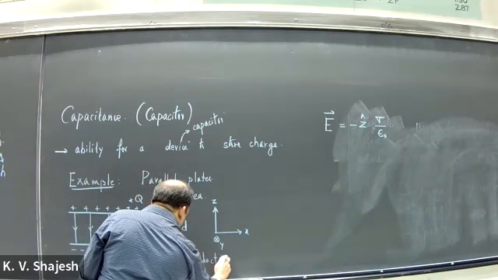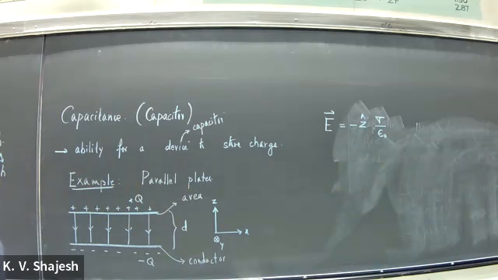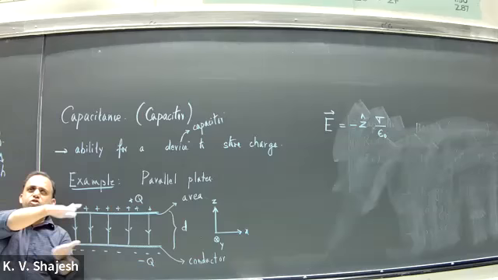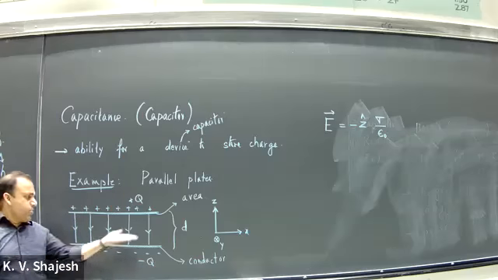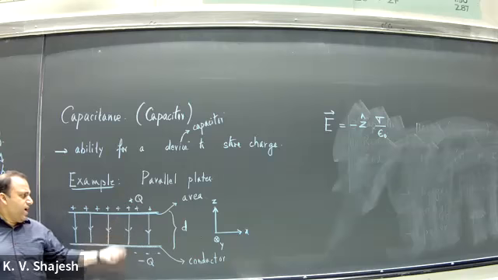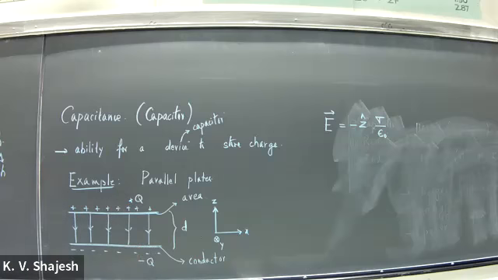It's specifying more precisely what device configuration we are discussing. So we are taking two metallic conductors separated by a distance d. And we have placed a positive charge q on the top and a negative charge q at the bottom.